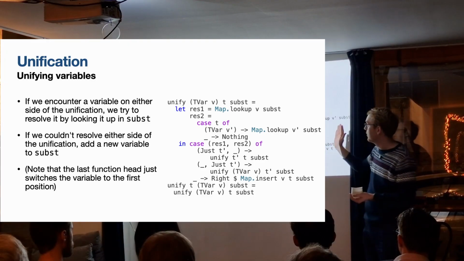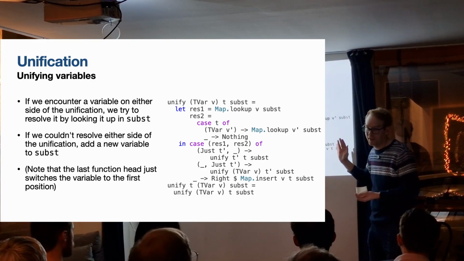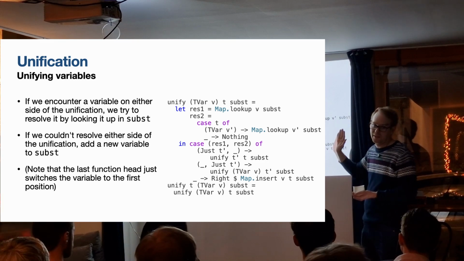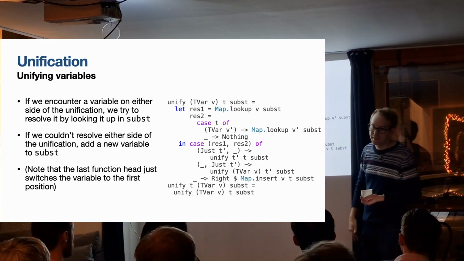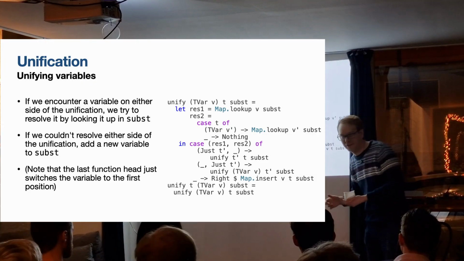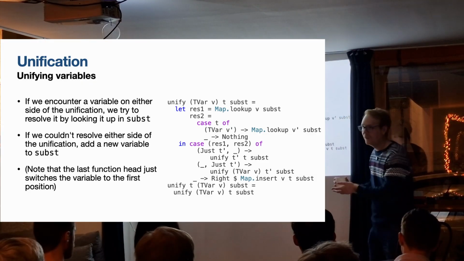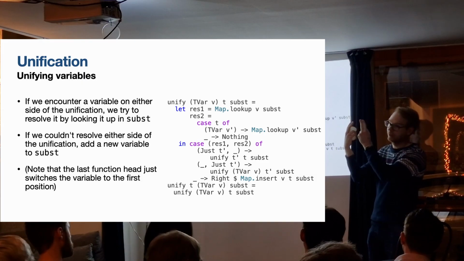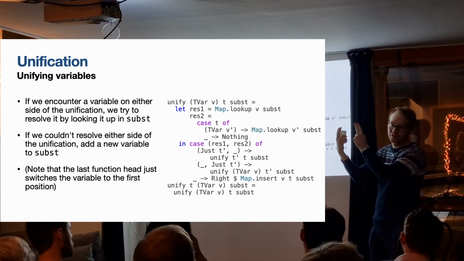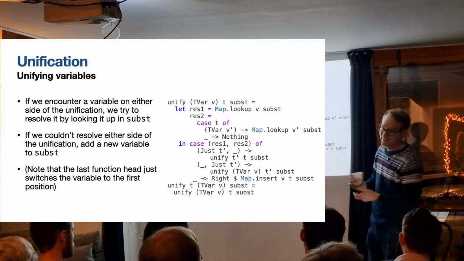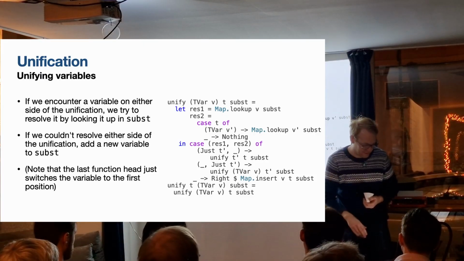And this is the whole core of the unification thing, because this is usually what can make it fail for non-trivial cases. So you can think of it as recursively trying to resolve all of the variables until you only have two types next to each other, which are either the same or different. And if they are different, the unification fails.